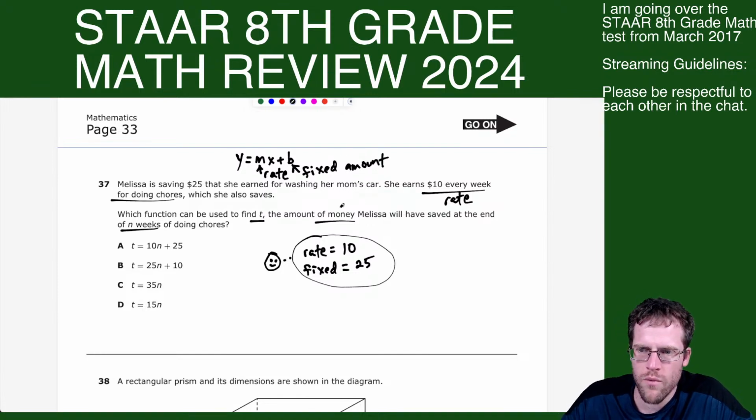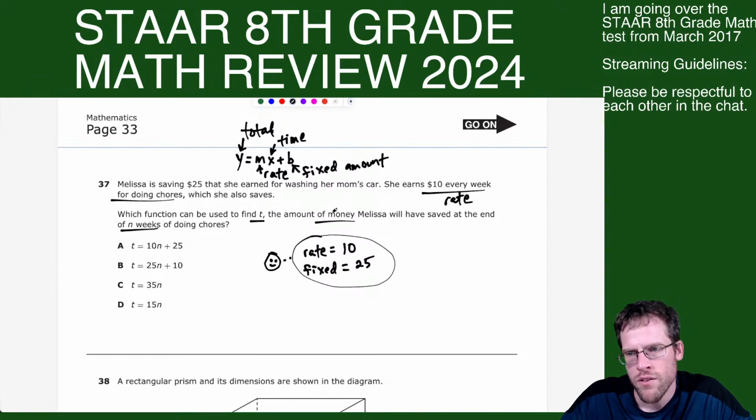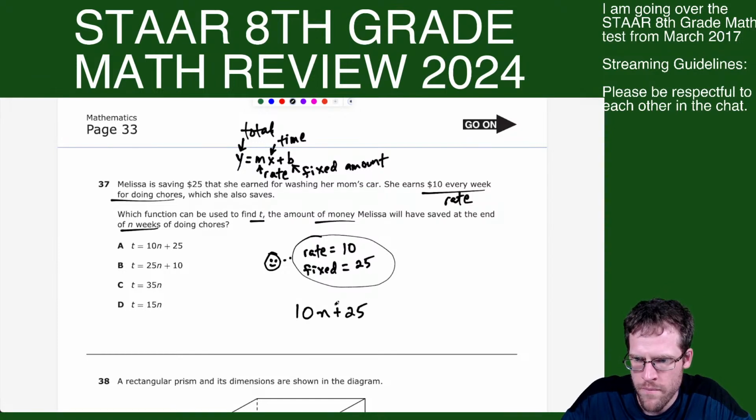So here, the y represents the total amount of money. And x, in these types of questions, is the time component. So I have the rate is 10, times the time component n, plus the fixed amount, 25.